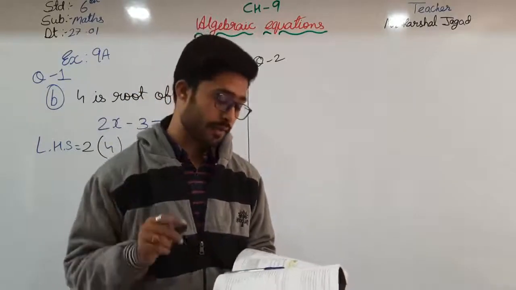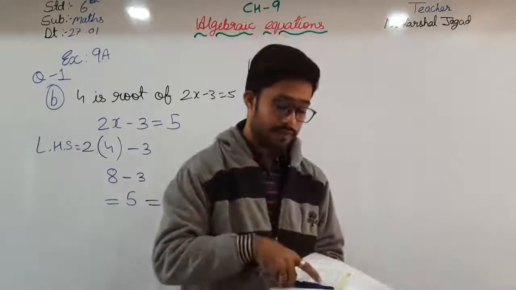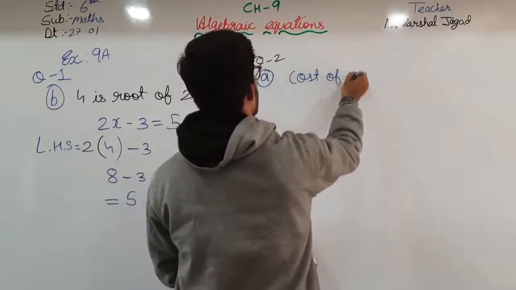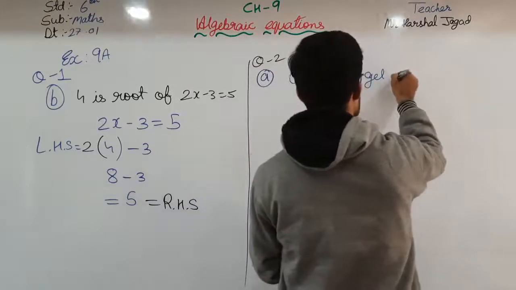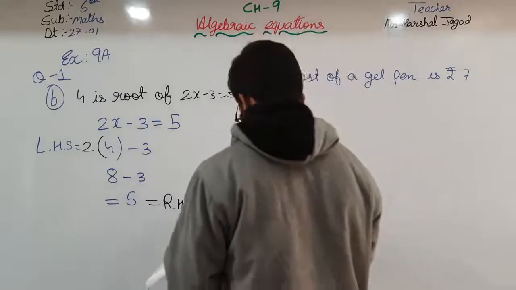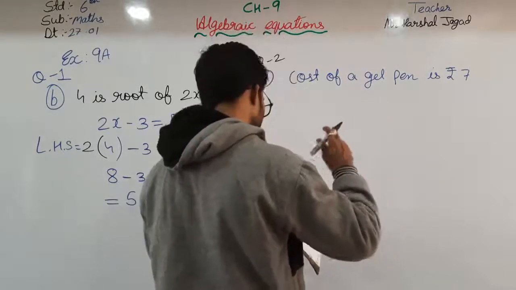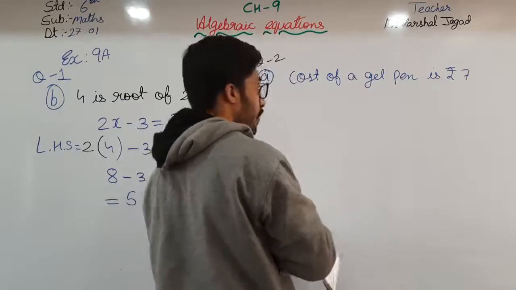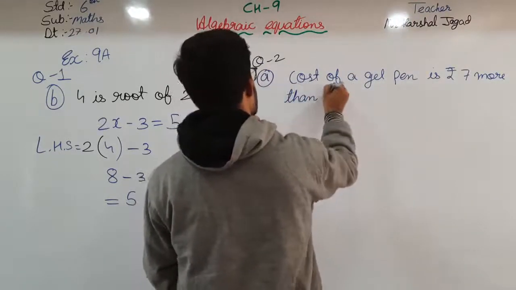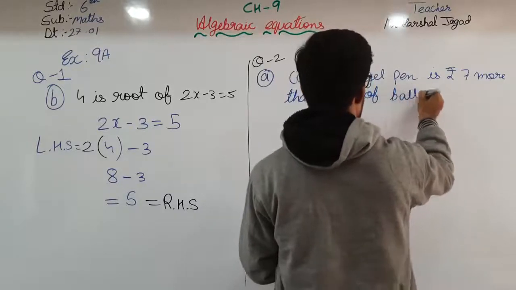Here we have to find out first, that is A. What they are just telling is that the cost of a gel pen is 7 more than that of the ball pen.